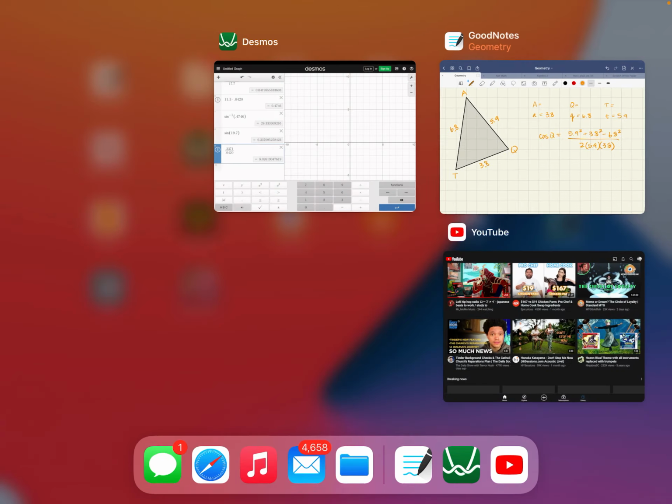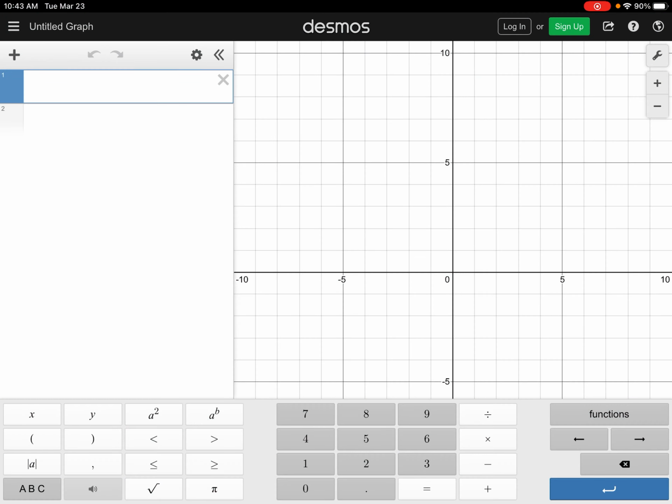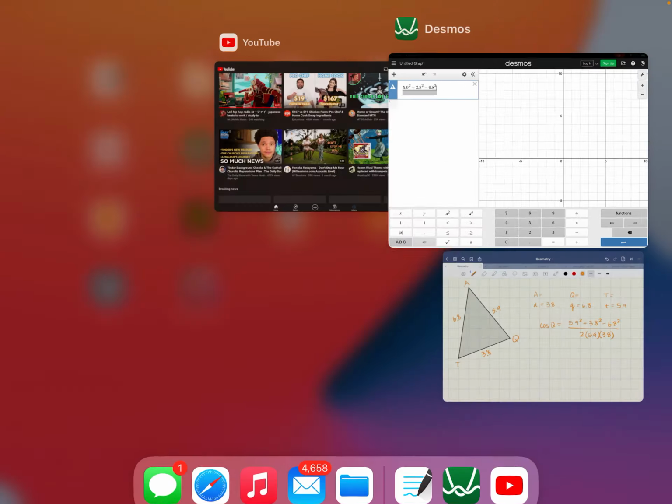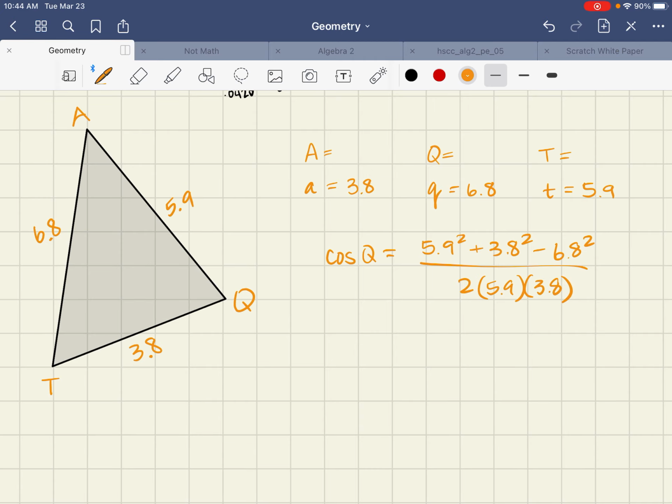We got 5.93868. So that's all I have to remember. So we're going to go 5.9 squared plus 3.8 squared minus 6.8 squared. Now, I feel like I may have messed something up, so I'm going to just double check my numbers. 5.93868.